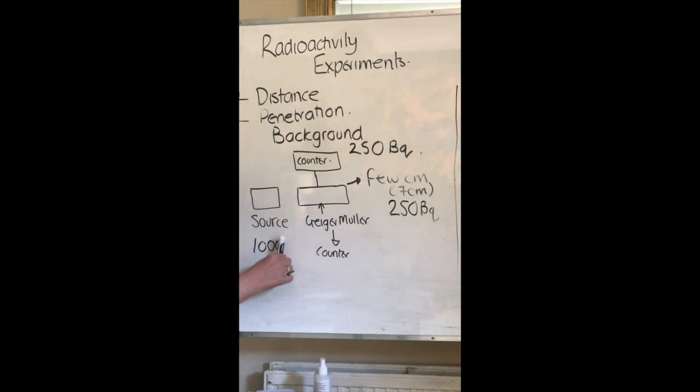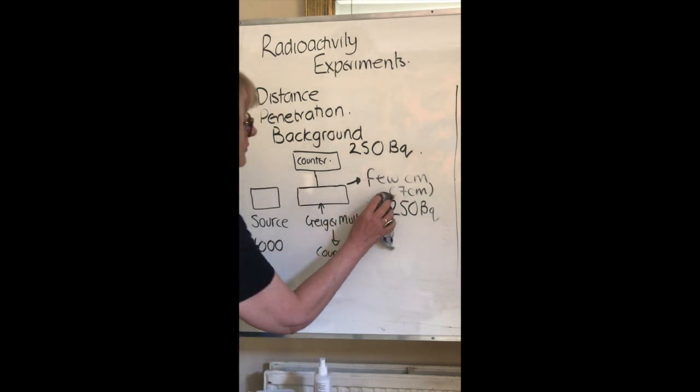Remember that we have to have a high radiation reading several millimetres from the source in order to discount any alpha. If we had a radiation reading that was low a few millimetres from the source, and then a further drop a few centimetres from the source, we may have alpha and beta in there.